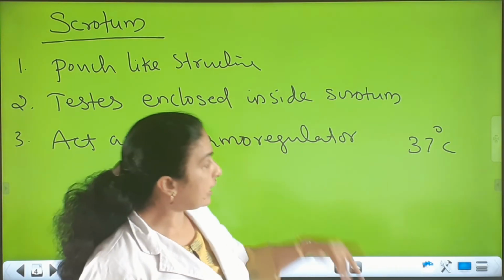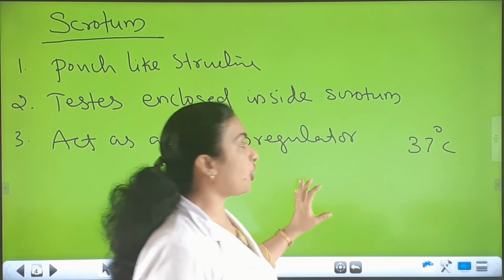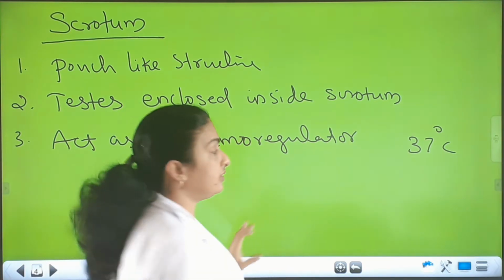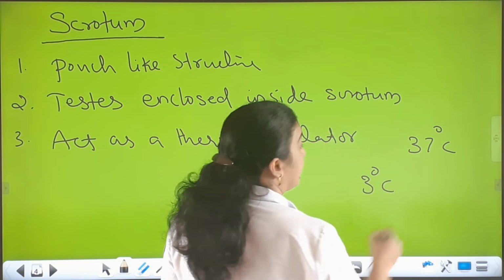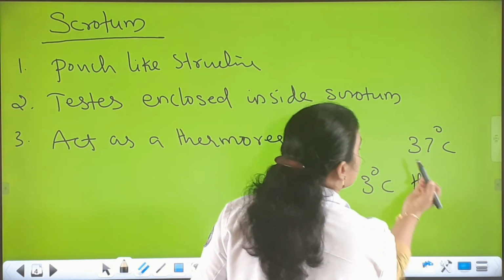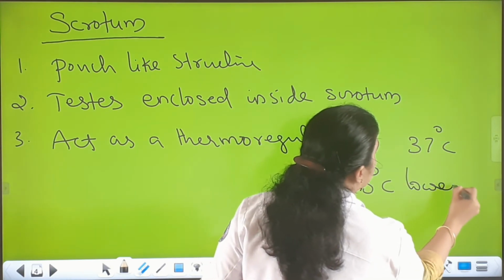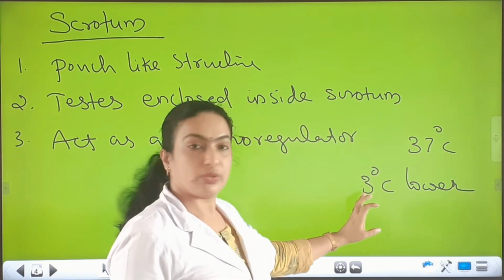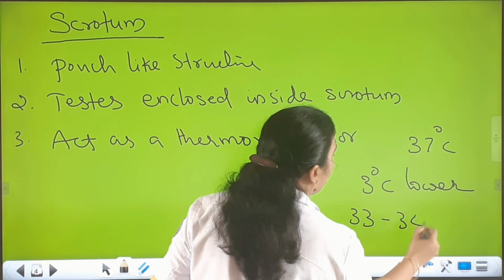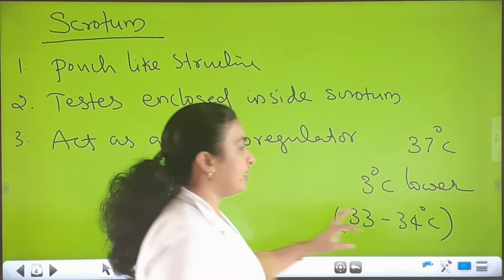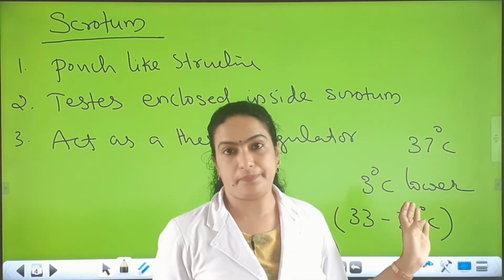So, being outside the abdominal cavity, the scrotum along with the testis hangs between the thigh and can retain 3 degrees Celsius lower than the normal body temperature. Most probably 33 to 34 degrees Celsius can be maintained by the scrotum.